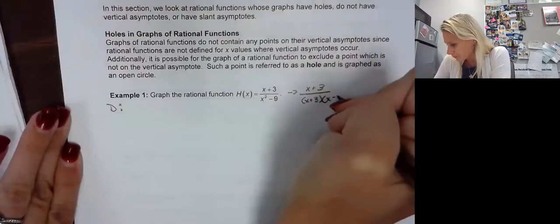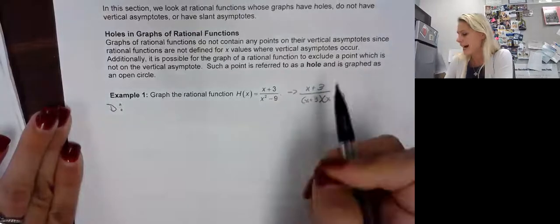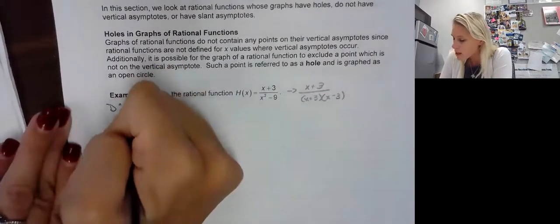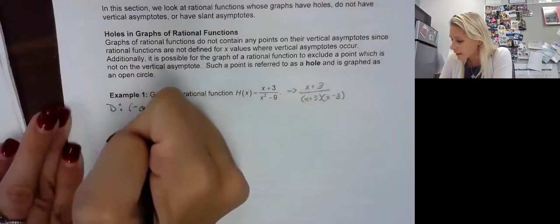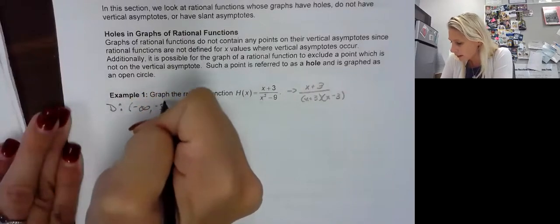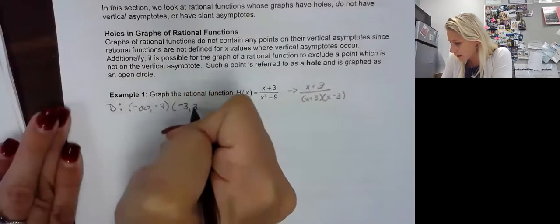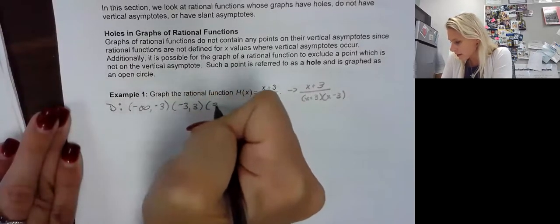So my domain cannot have -3, can't have 3. So -infinity to -3, -3 to 3, and 3 to infinity.